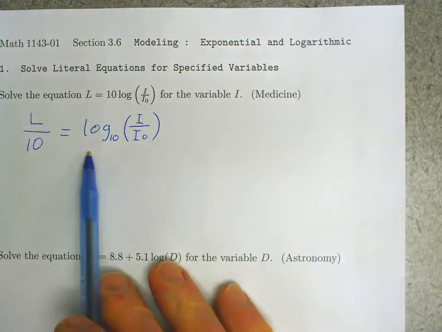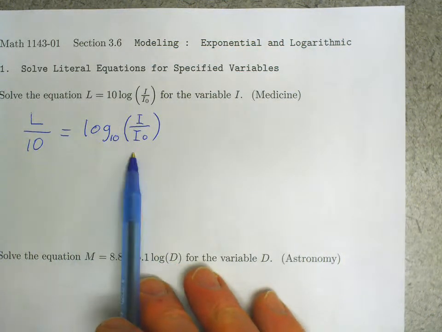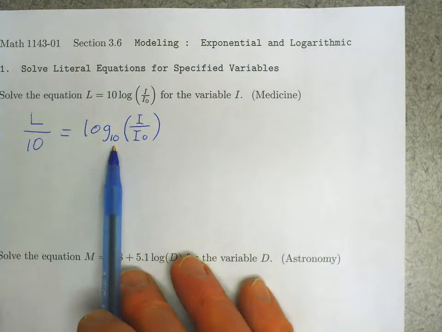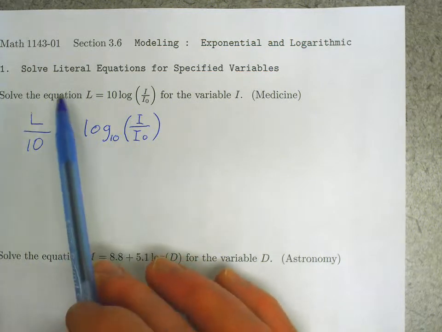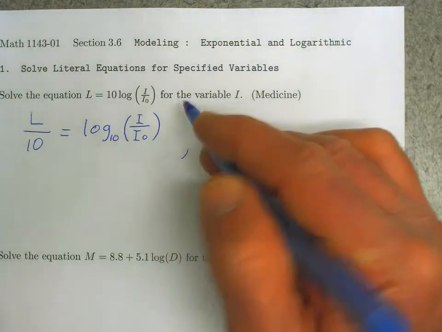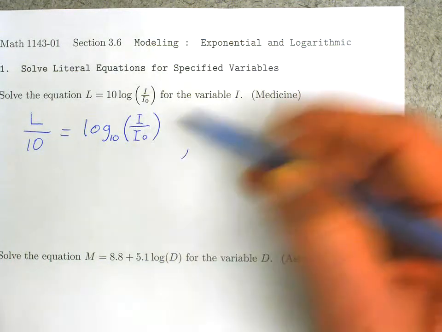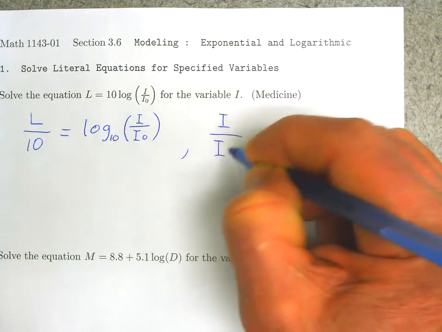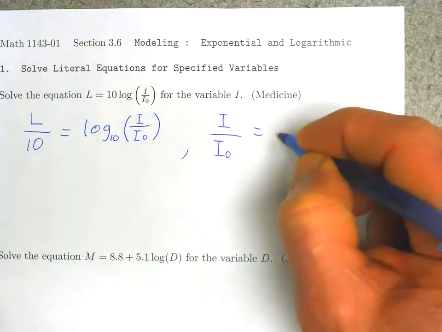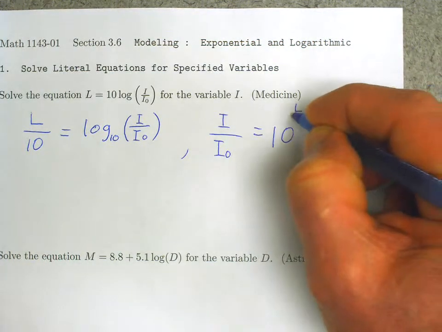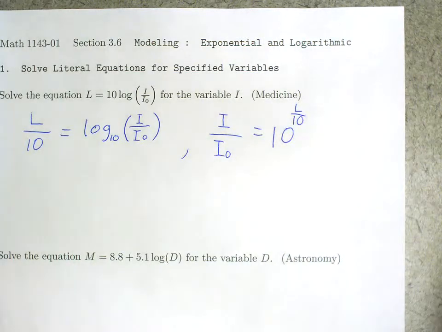And then we can convert this logarithmic equation into an exponential equation using the base 10. The base 10 raised to the exponent capital L divided by 10 is equal to I divided by I sub 0. So the argument I divided by I sub 0 is equal to the base number 10 raised to the exponent L divided by 10.